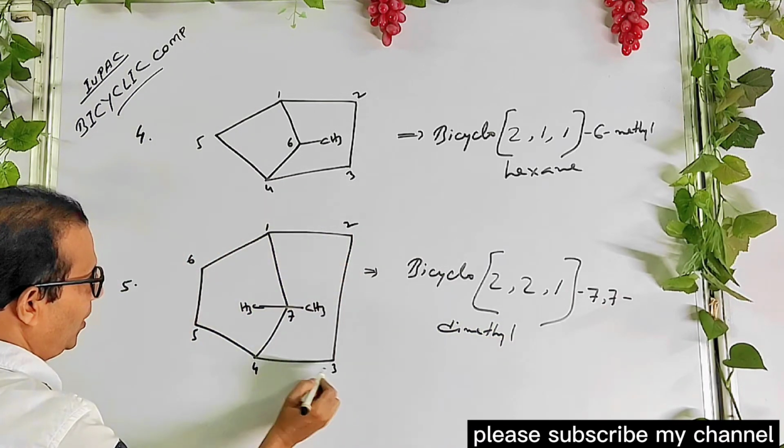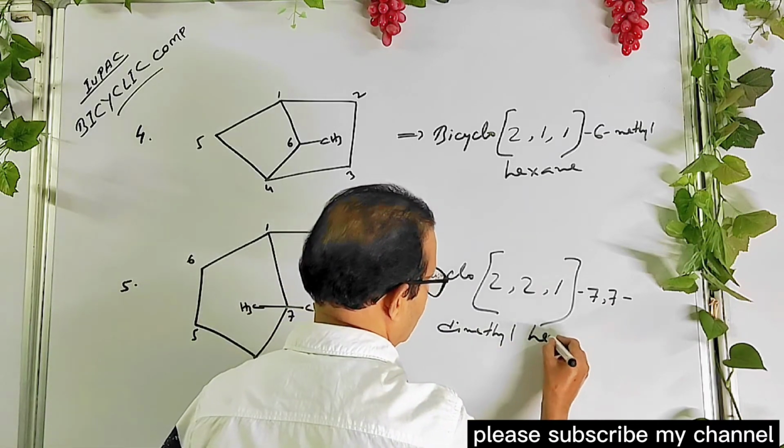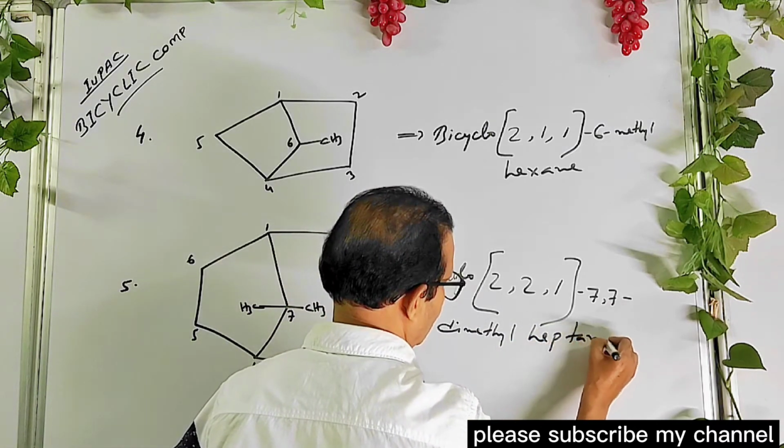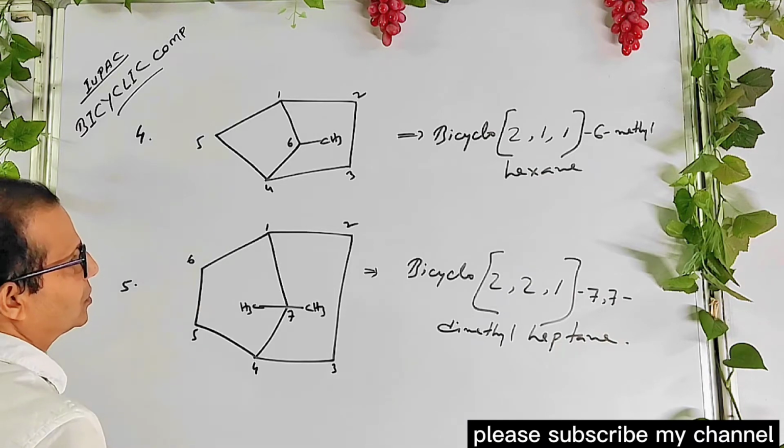Methane, ethane, propane, butane, pentane, hexane, heptane. So these are the IUPAC naming of bicyclo compounds.